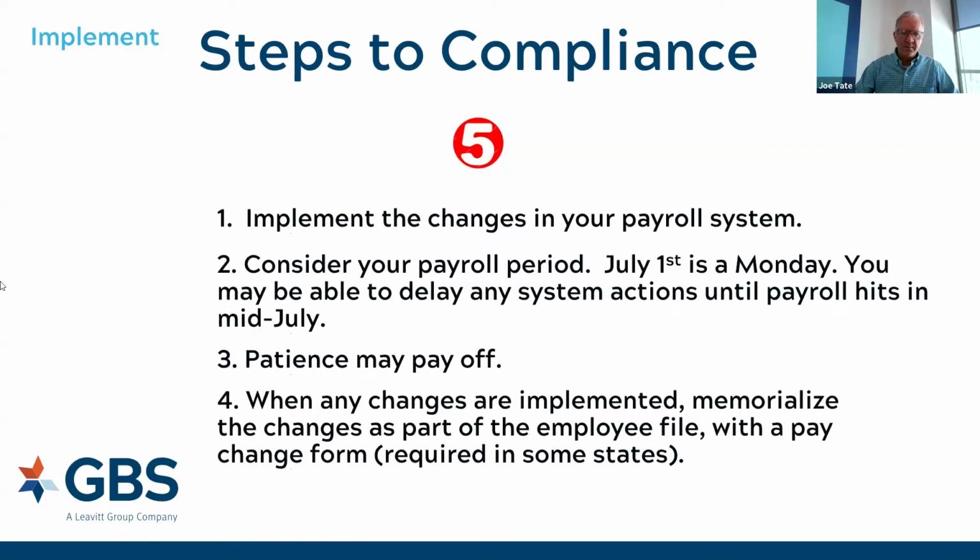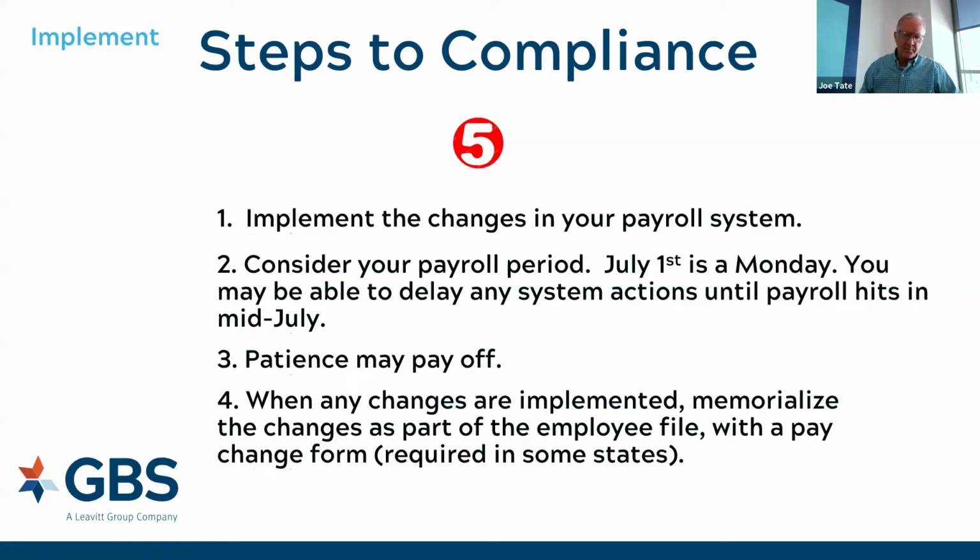What you'll do is implement the changes in your payroll system. You'll consider the payroll period. So July 1st is a Monday, and depending on your own payroll cycle, you may be able to delay till July 15th or sometime in July as payroll hits in mid to late July.